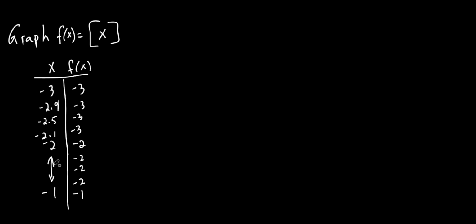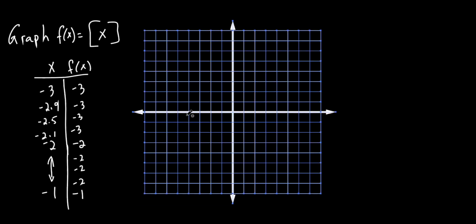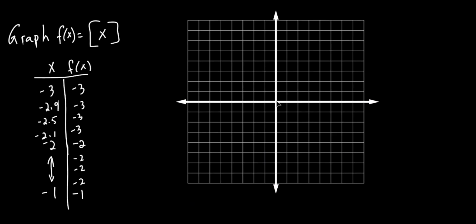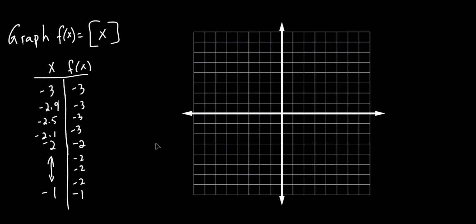What if it was -2.5? What's the greatest integer that is less than -2.5? -3 for that one, and -2 for everything from -2 up to just below -1. We get it? Now we have to graph this thing. Once you do that little table, you probably won't have to do it anymore, because you have a general idea of what this graph is going to look like.